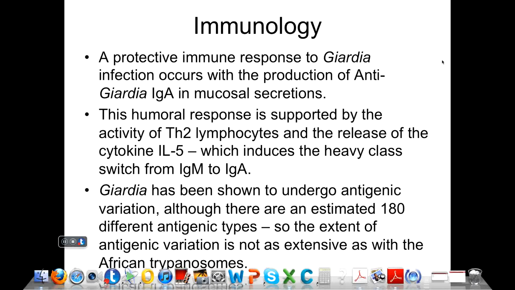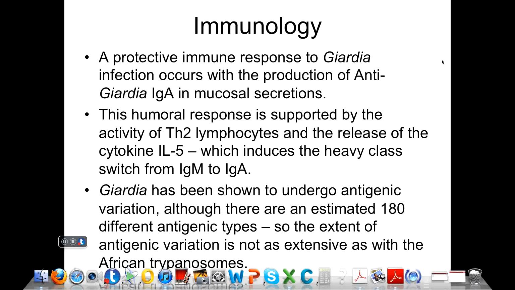Now, just to remind you, the humoral response is supported by the CD4 positive Th2 lymphocytes that are releasing cytokines such as interleukin-4 and interleukin-5. These cytokines support B lymphocyte activation, B lymphocyte replication, B lymphocyte differentiation, and antibody synthesis.